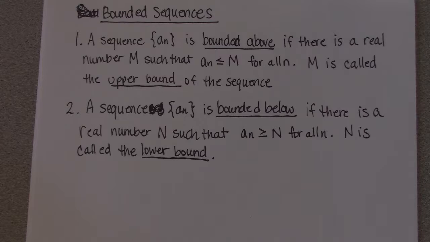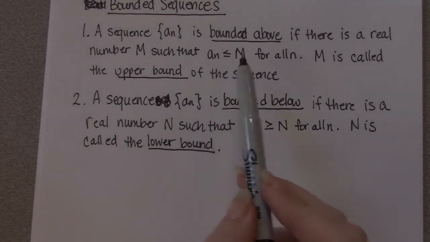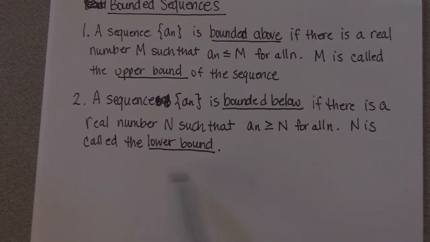So a monotonically increasing sequence is bounded below by its first term because the first term is the lowest one, and they get bigger and bigger from there. Basically we're saying this sequence has a ceiling, this sequence has a floor.